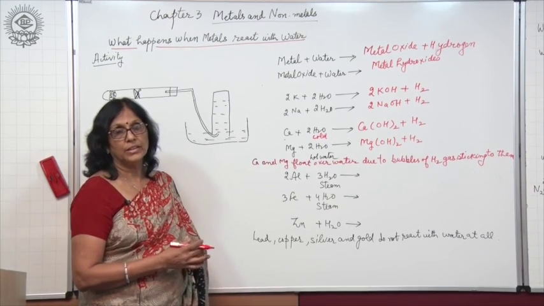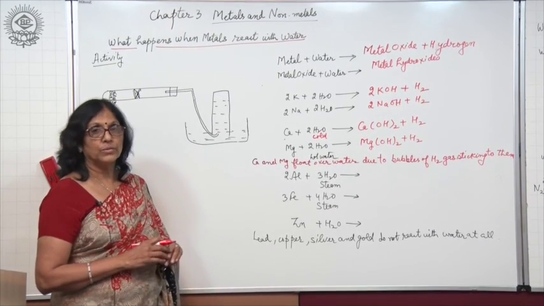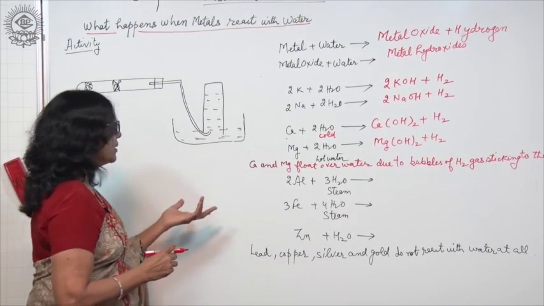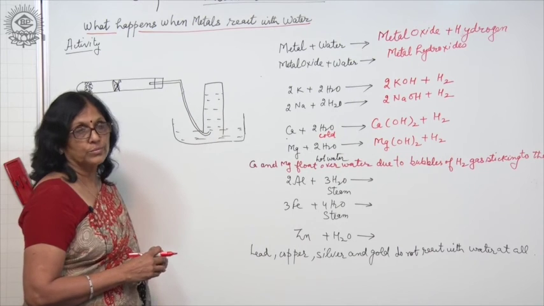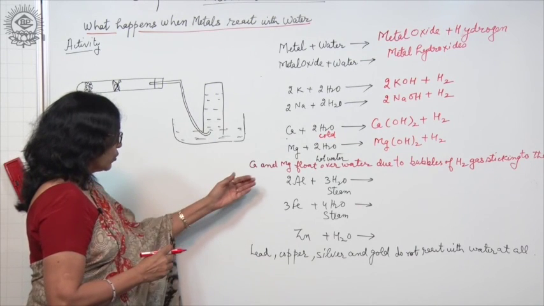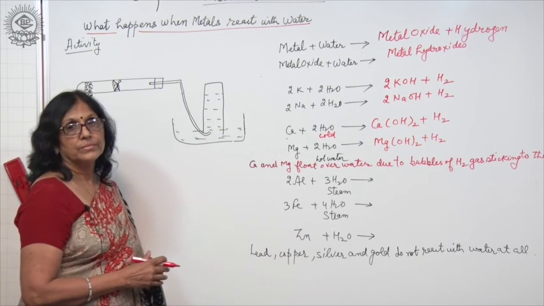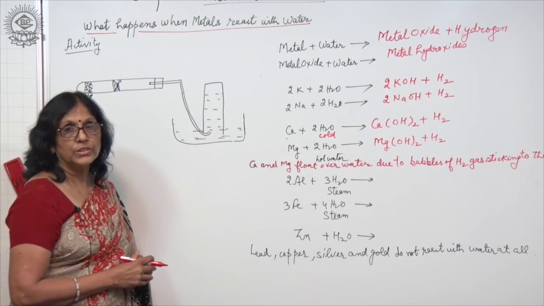They become light in weight and float over the surface of water. Now, some metals do not react with hot water also, like aluminium, iron and zinc. These metals react with steam.